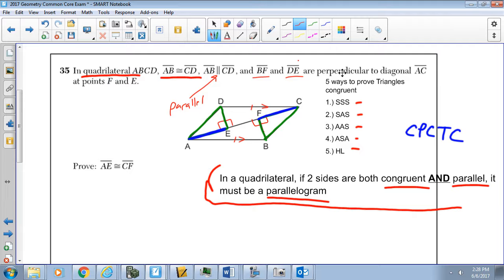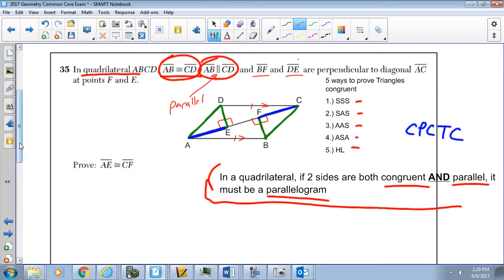All these properties that you know about a parallelogram can be used if you know it's a parallelogram. Well, we know that if two sides are both congruent and parallel, it must be a parallelogram. Well, we have that because AB and CD are both congruent and parallel. That means that this is a parallelogram, which means all the properties of a parallelogram you can use at this point. Okay?